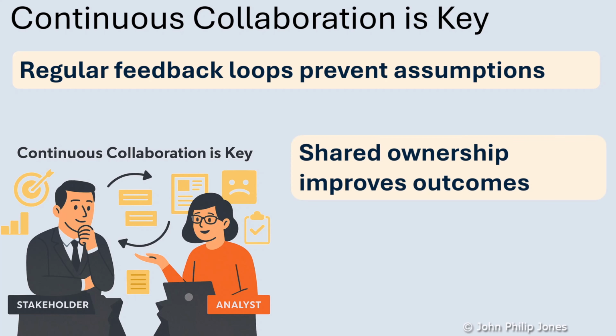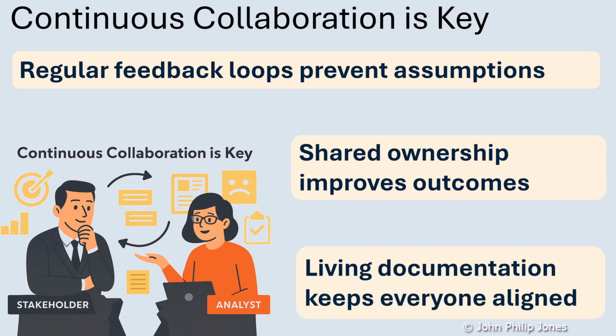Shared ownership of the software development improves outcomes. In other words, if the stakeholders and the analysts work together and both can see the project moving forward, then you're likely to get much better requirements during the requirements analysis phase.